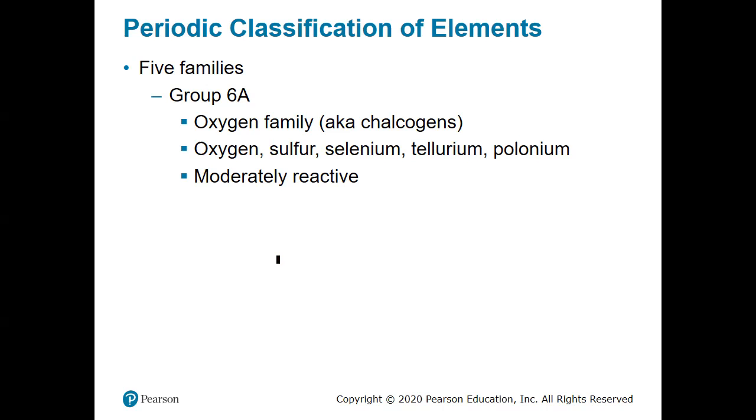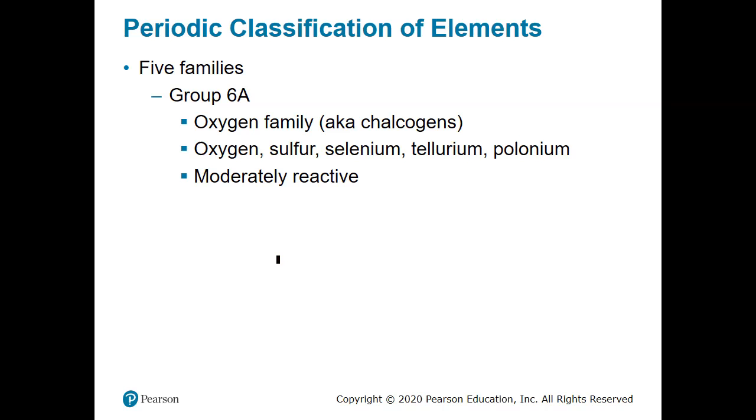For example, we know that oxygen reacts with iron. It causes rust. But we also know that that process doesn't occur in seconds. It doesn't occur in minutes. It doesn't occur in hours. It takes days, weeks, months for rusting to really show up enough for us to notice. So we know it's reactive, but we also know that it's not terribly fast in its reactivity either.